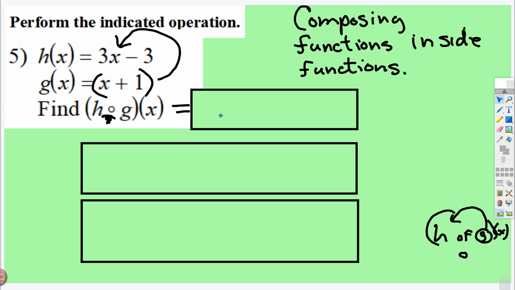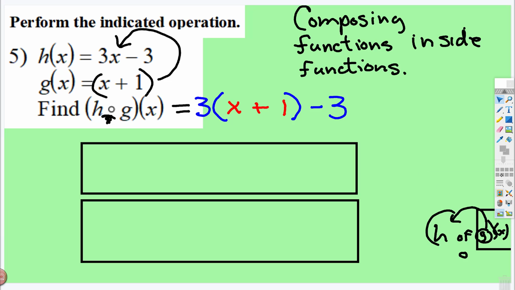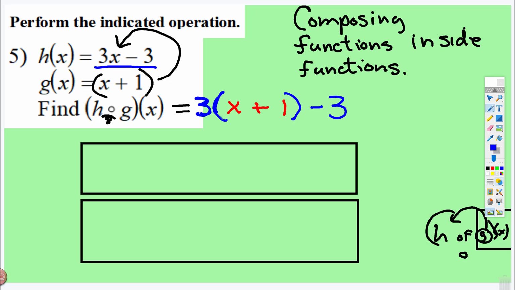So this is what it would look like. Notice in the blue, see this 3x subtract 3? Instead of x, I put parentheses, 3x subtract 3.